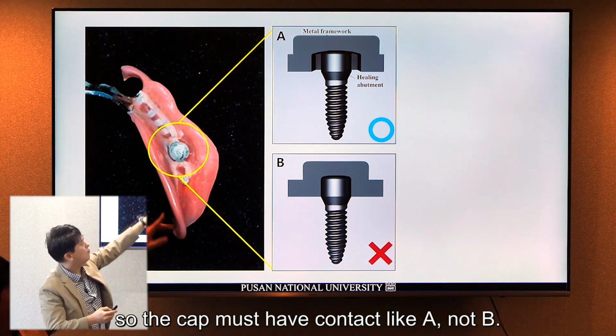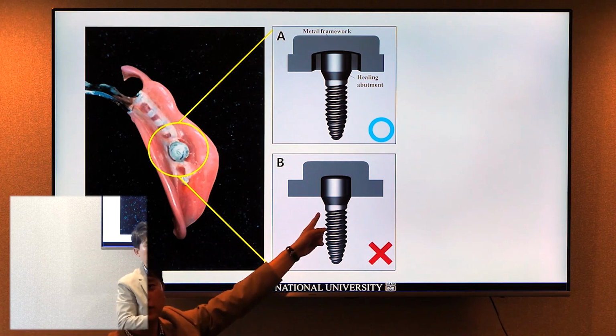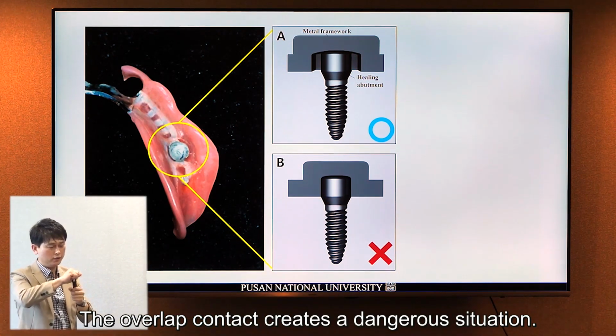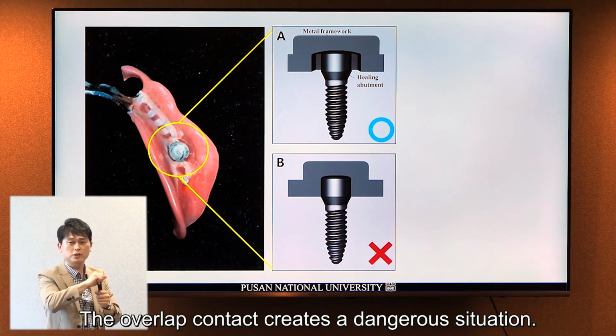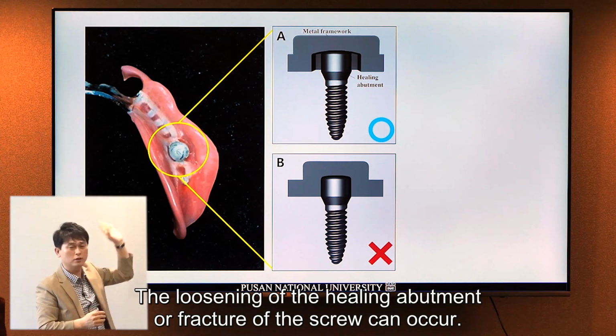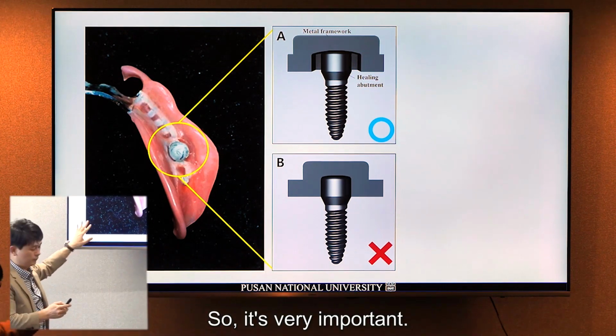So the cap has contact like A, not B. The overlap contact makes a dangerous situation, the loosening of the healing abutment or fracture of the screw area. So it's very important.